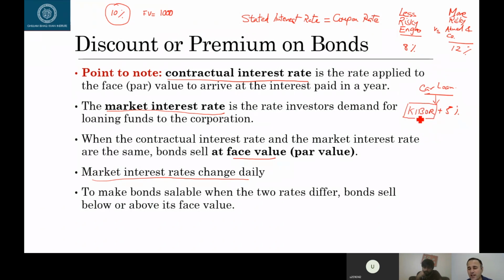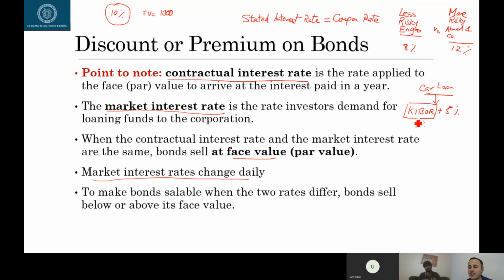It's like a weighted average rate: the average rate at which banks are willing to offer their money. Let's say on a particular day it's 8%. If you are applying for a car loan, your interest rate for that loan would be 13%. So it's KIBOR plus 5%.